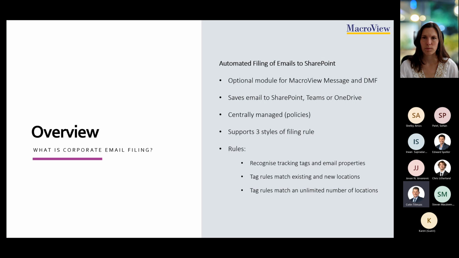The rules are able to recognize tracking tags in subjects or other email properties, to, from, etc. I gave that example where there was an email from Anita that automatically saved.